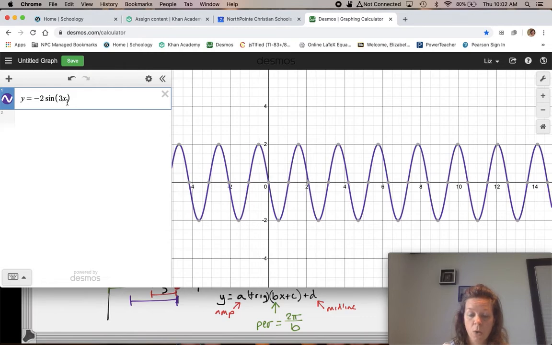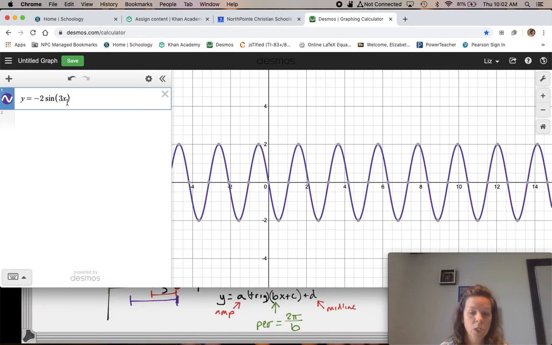That would create a horizontal shift, and it's going to shift it by c divided by b. So just like it's 2 pi divided by b, our sideways shift would be c divided by b. But we're not going to worry about that. That's called a phase shift. That's just so that you know what that c value does, but you won't have any problems asking you about that c value.